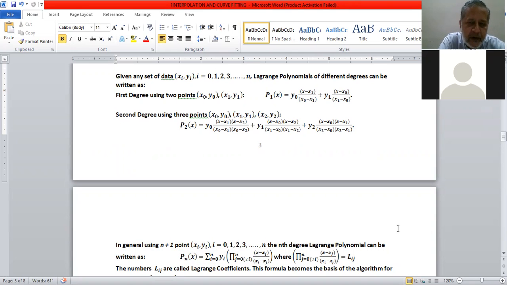Last time we introduced the idea of interpolation and mentioned the first technique of interpolation, that is named Lagrange interpolating polynomial. I described what's the structure of the Lagrange formula. If we go for linear interpolation, we use this formula.